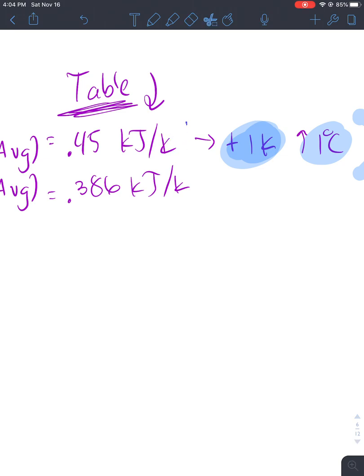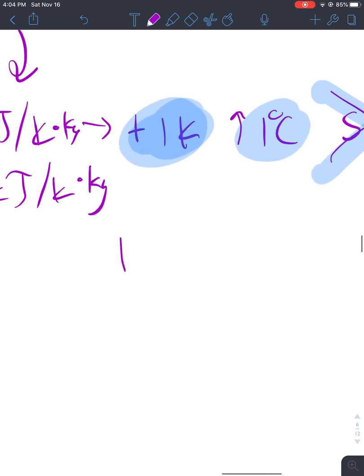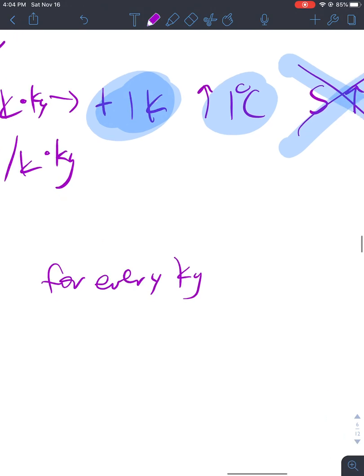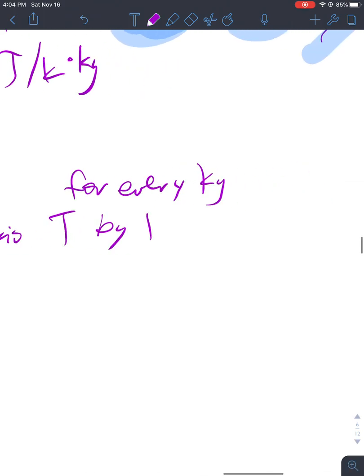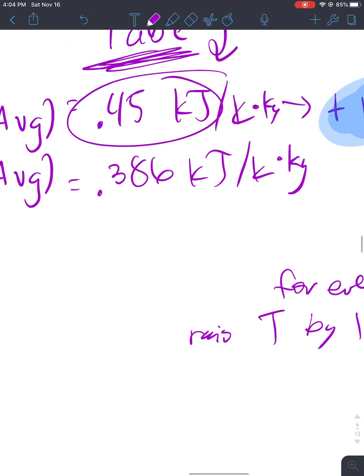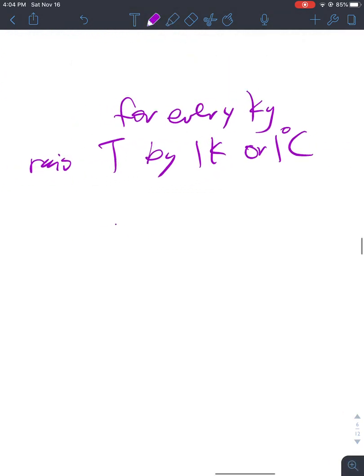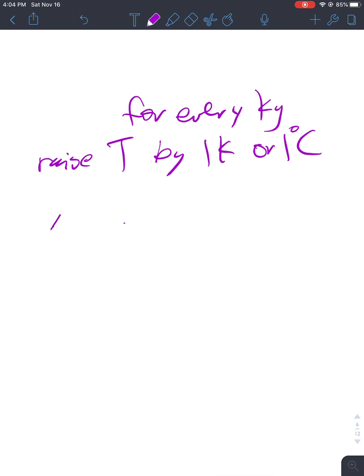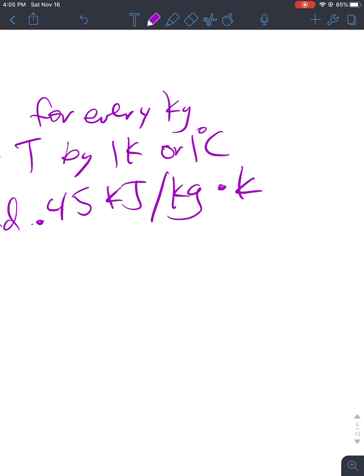So here, erase that. Let's just add this on. Times kilogram. So for every kilogram, in order to raise the temperature by 1 Kelvin or 1 Celsius, you need to put in whatever number of joules. 0.45 kilojoules for every kilogram to raise it by 1 Kelvin or Celsius.